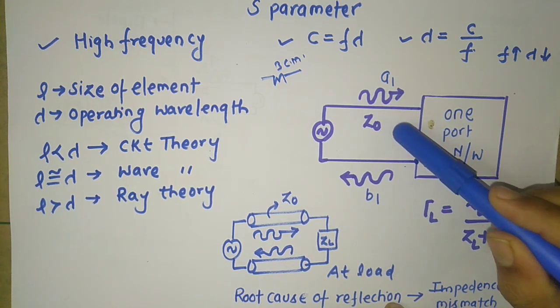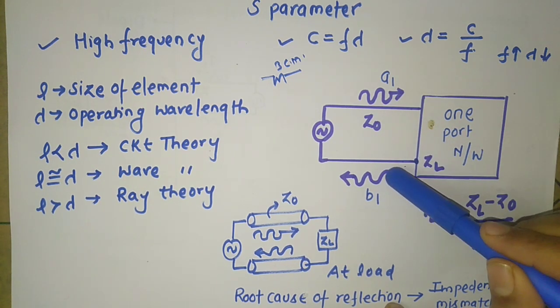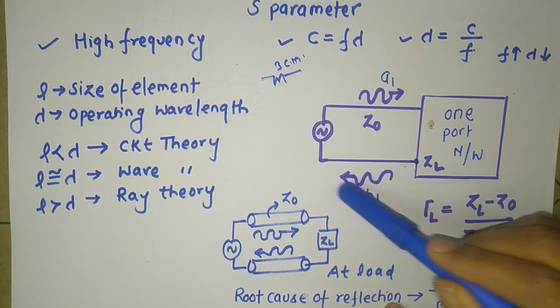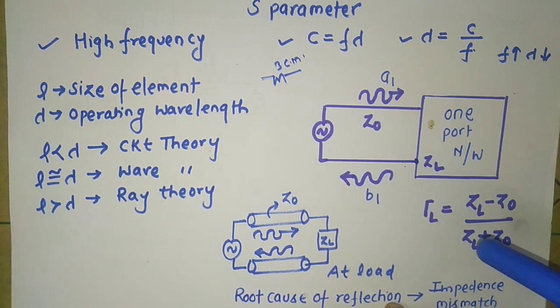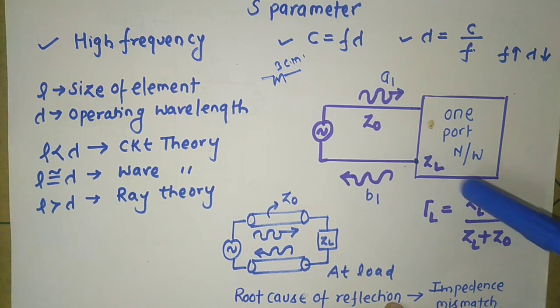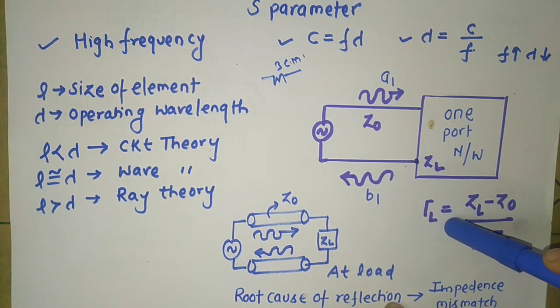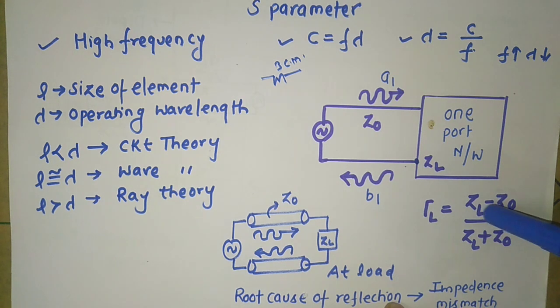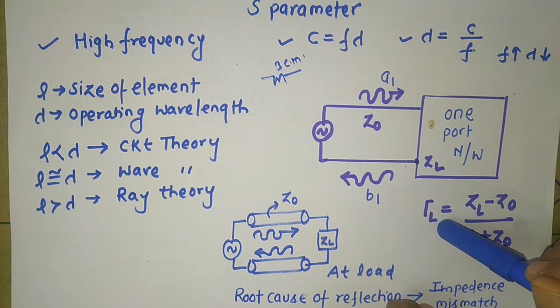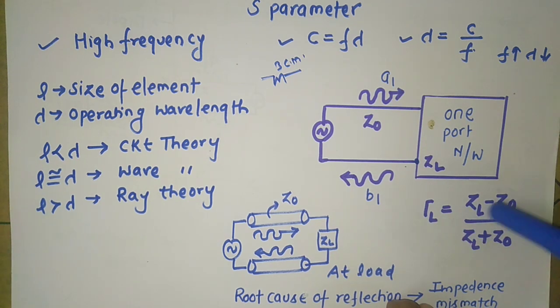The answer is no. So you will get some reflection, and this reflected wave is represented by B1. And how do we calculate the reflection coefficient at this point? We can write gamma L is equal to ZL minus Z0 over ZL plus Z0, and you can notice in this equation, if the impedances are equal, then you will get no reflection. If the impedance doesn't match, then you will get reflection.